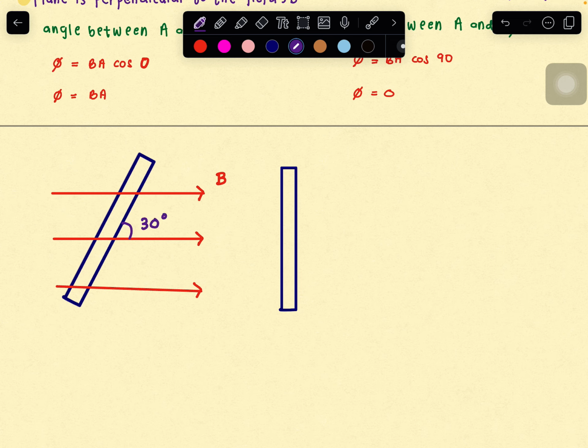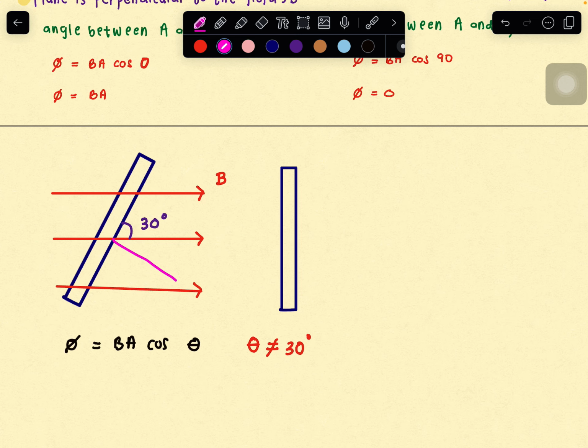Okay, so macam mana kita mau kira dia punya flux? So flux will be equal to BA cos theta kan. So angle dia is not equal to 30 degree ya. In this case, the angle is not equal to 30 because the angle is between B and A. So macam mana kita mau kira tu?